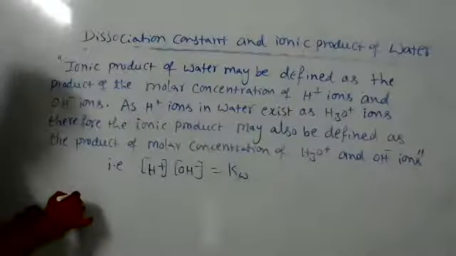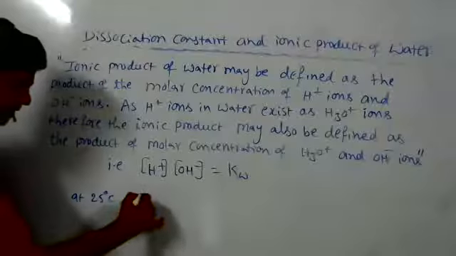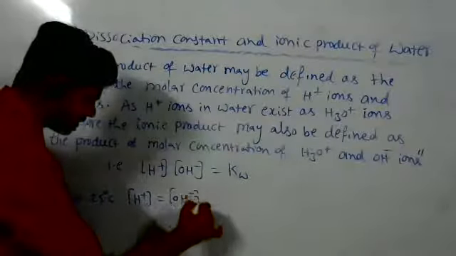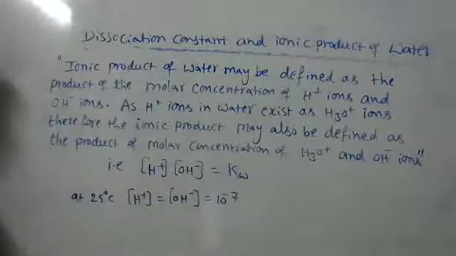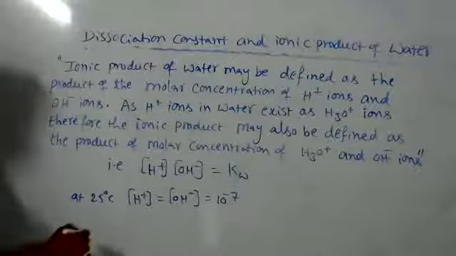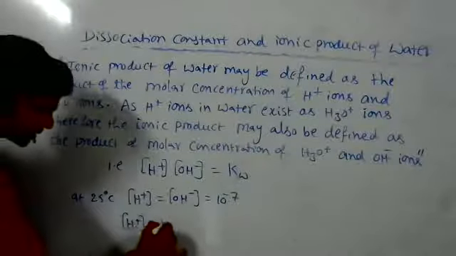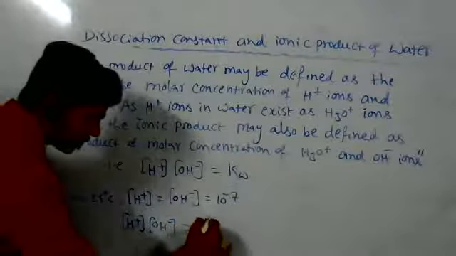At 25 degrees centigrade, H+ concentration becomes equal to OH- concentration, which equals 10 power minus 7. That's why H+ concentration into OH- concentration becomes 10 power minus 14.